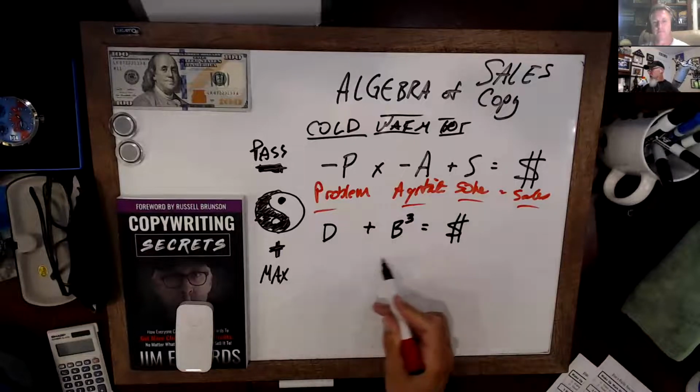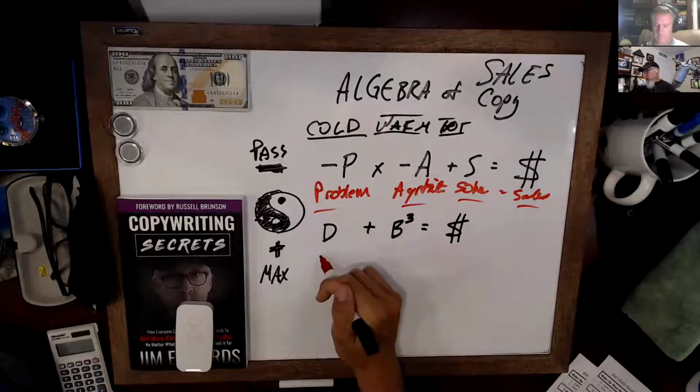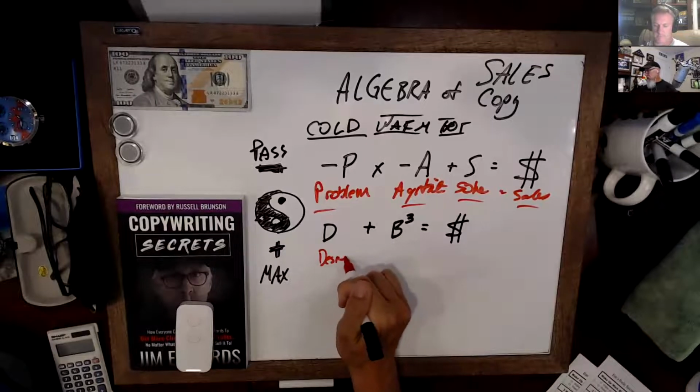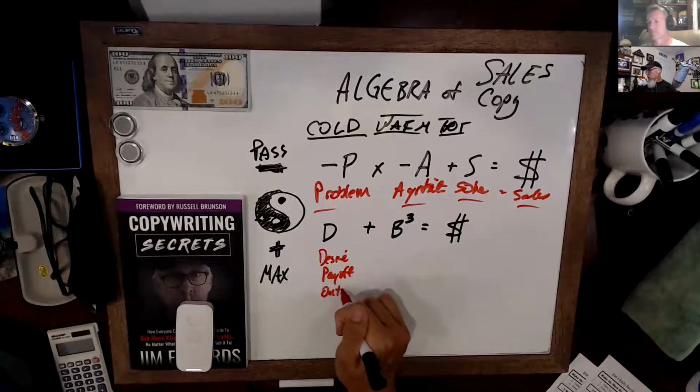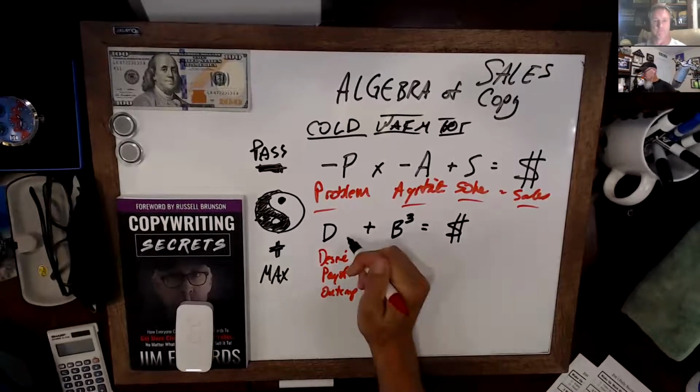Now, the other one, D plus B3 equals money. D stands for desire, the payoff or the outcome.